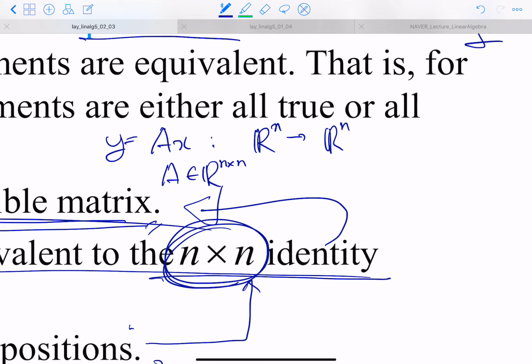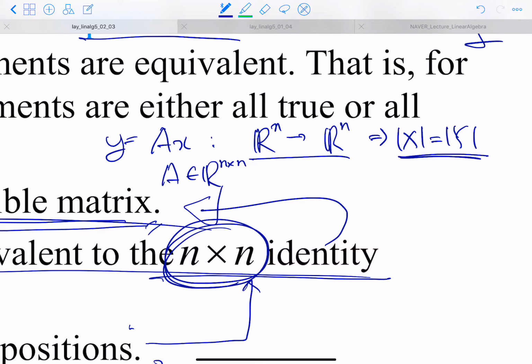In this case, we can see that the cardinality, or the number of elements in our domain, is the same as the codomain, right? So at least in the case of this square matrix, it satisfies this necessary condition to be able to satisfy onto and 1-to-1, but that's not a sufficient condition.